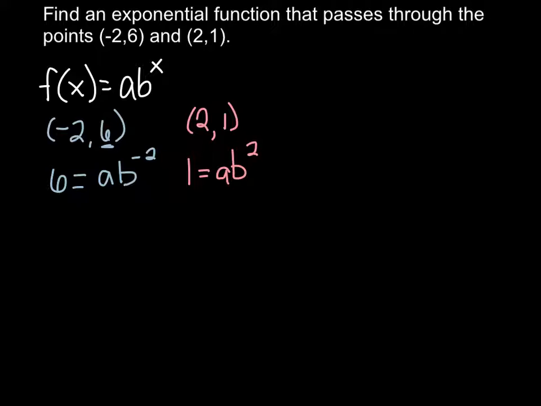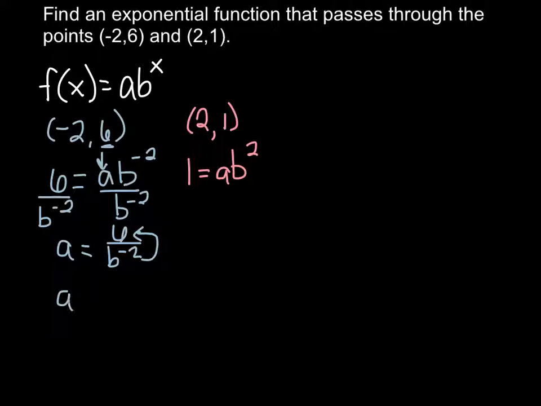All right, let's go back to this blue one. I'm going to solve for a. So I'm going to divide by b to the -2 on both sides. So what I have right now is a equals 6 over b to the -2. But remember our properties? If you cross the line, you change the sign.